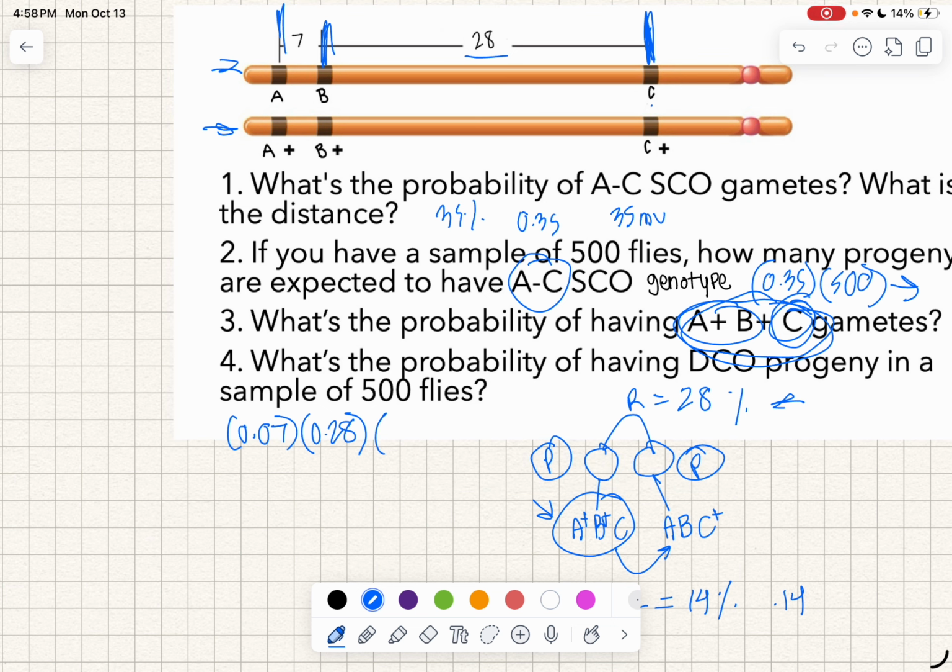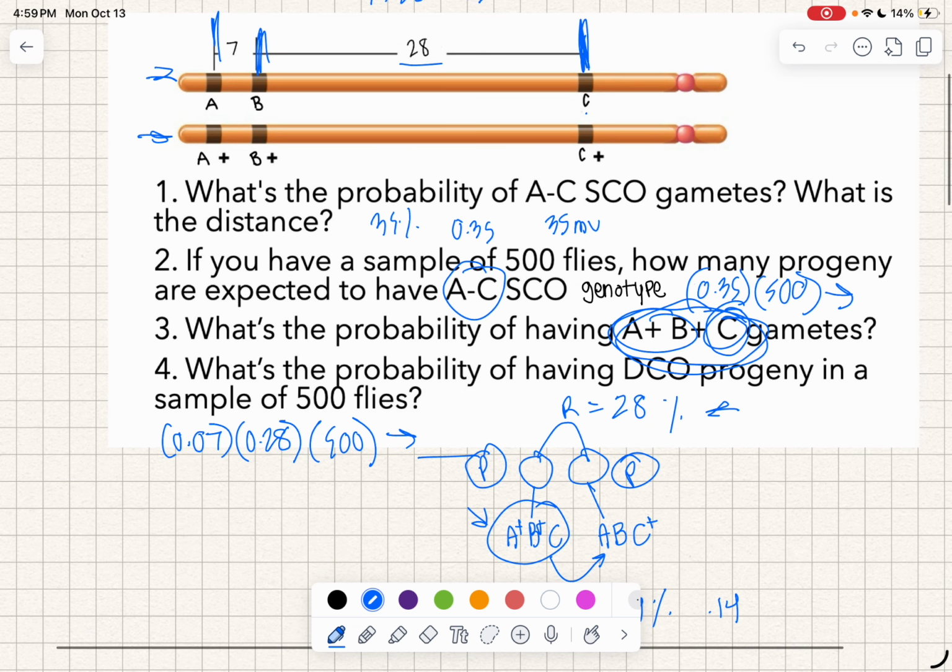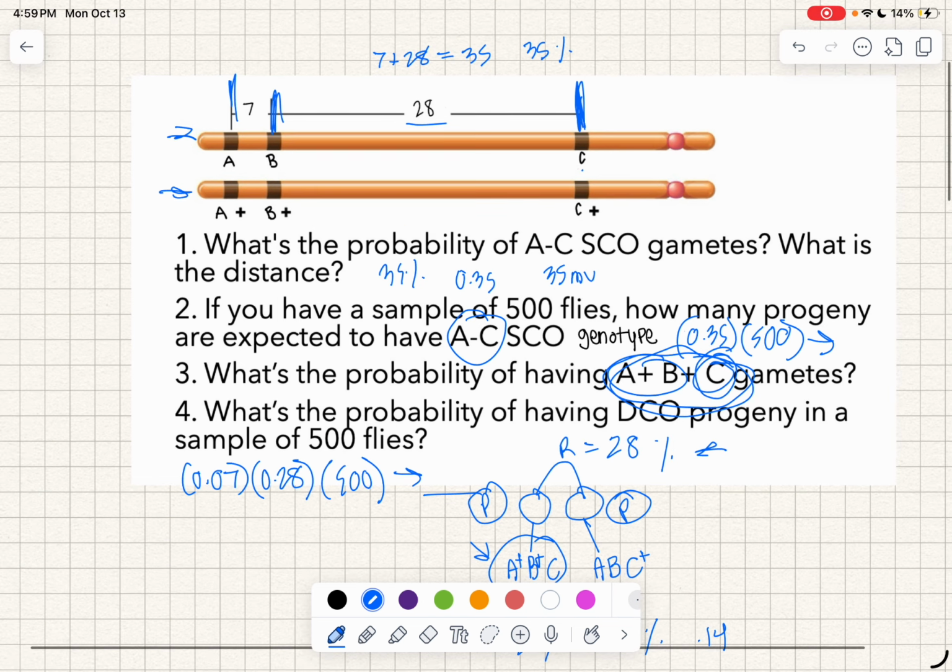If you want to bypass all that, you just multiply these 3 numbers together, and whatever you get is the number of double crossed over progeny in a sample of 500 flies.